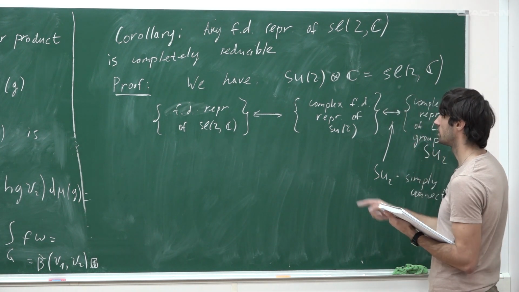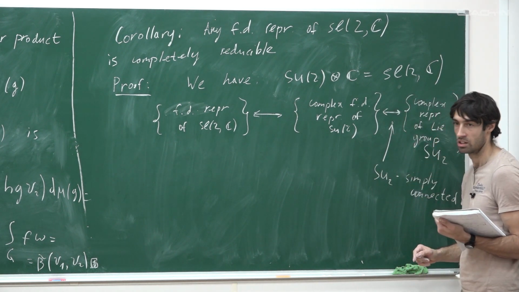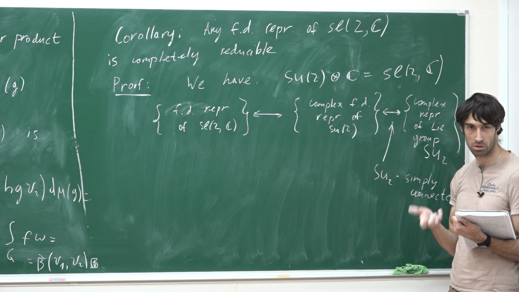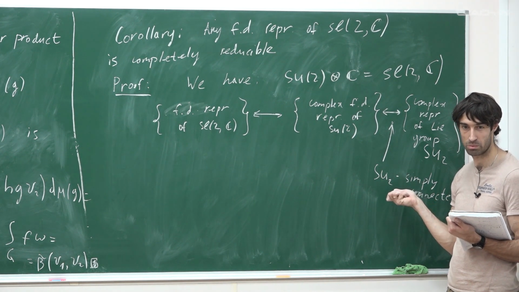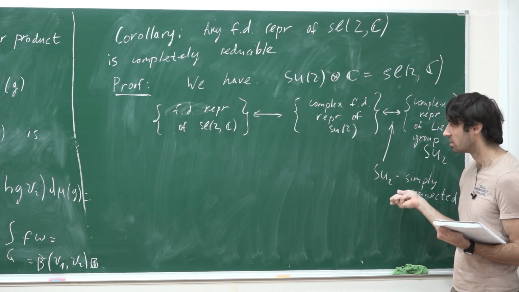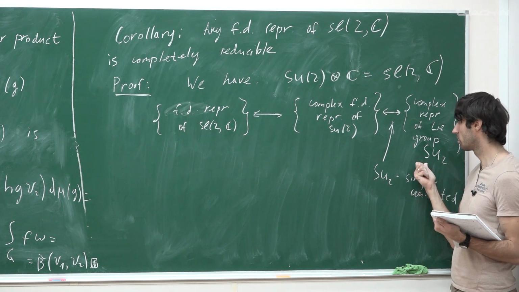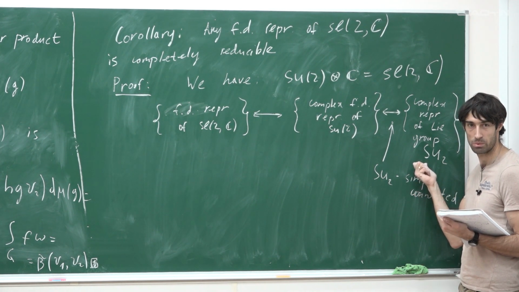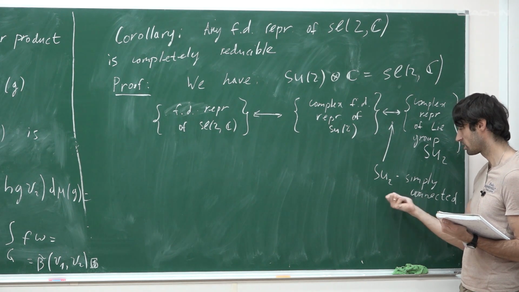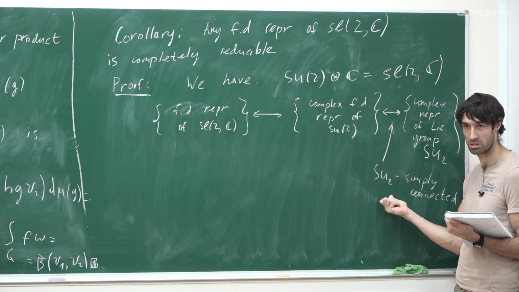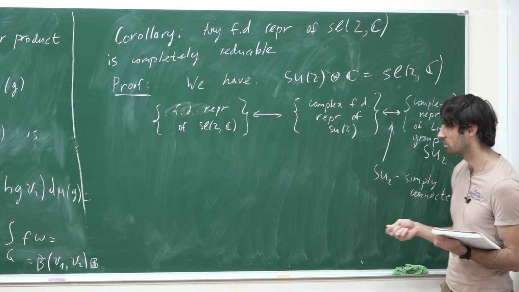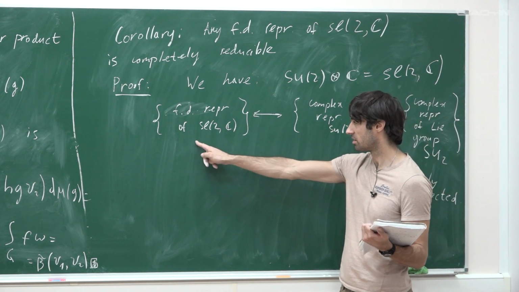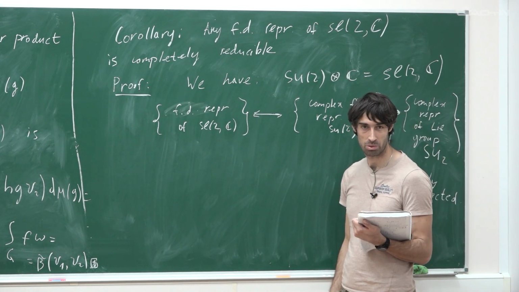And moreover, under these correspondences, a completely reducible representation goes to a completely reducible representation. So every representation here is completely reducible because SU2 is a compact Lie group, and therefore every representation here is also completely reducible.